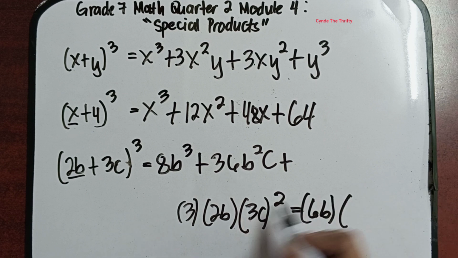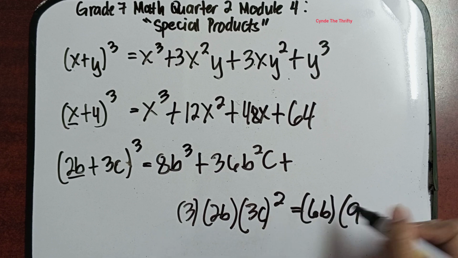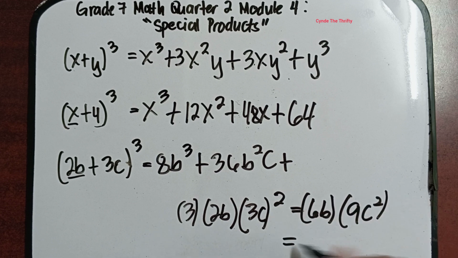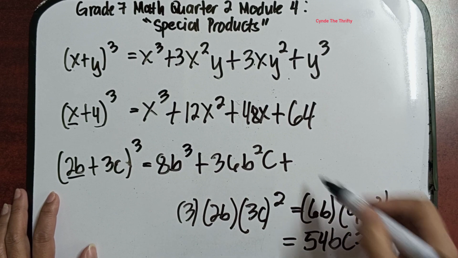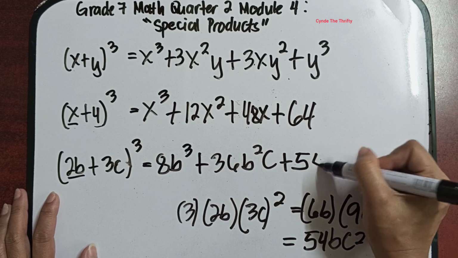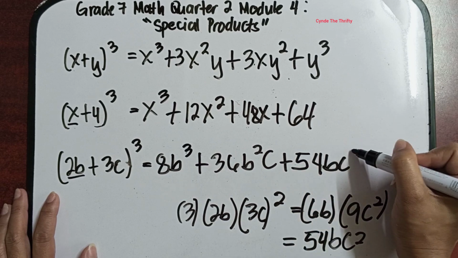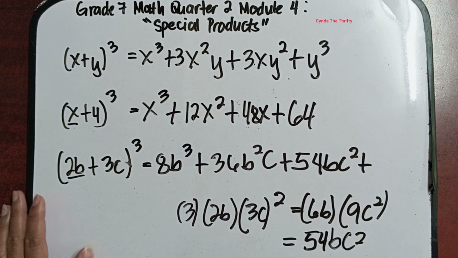So 3 times 3 equals 9c squared. So i-multiply natin. 6 times 9 is equal to 54. And then kopyahin lang natin ang ating mga letters. So 54b c squared.